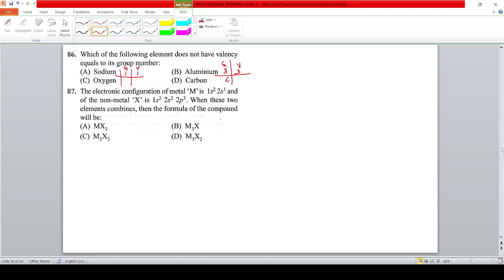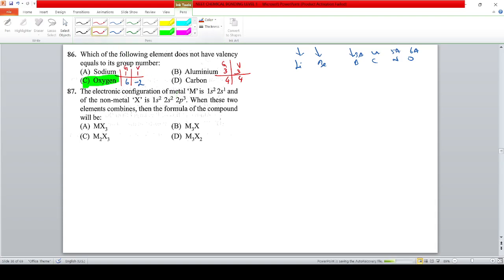Carbon group number is 4, valence is 4. So the answer for the question is oxygen. Group number is 6, counting lithium, beryllium, boron, carbon, nitrogen, oxygen: 1A, 2A, 3A, 4A, 5A, 6A. But the valency is in general minus 2. So the one which does not have valency equal to its group number is oxygen.